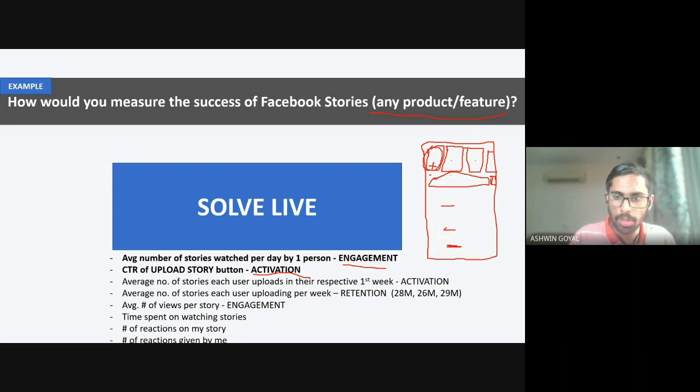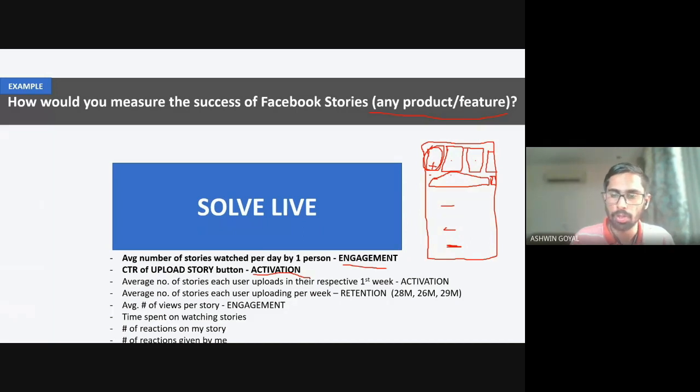So this will help me identify, out of 28 million people, only 26 million came back for the second week. Some people returned here, but some different people also came here, right? And this 26 million can also include some other people.